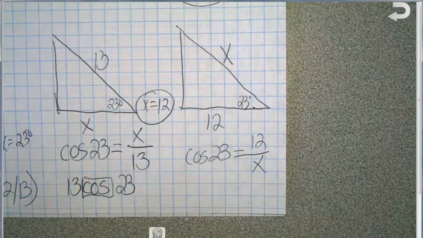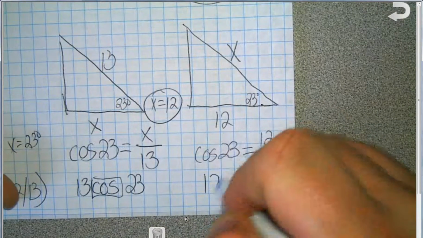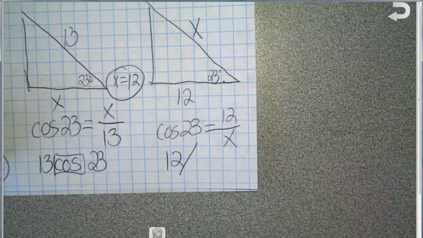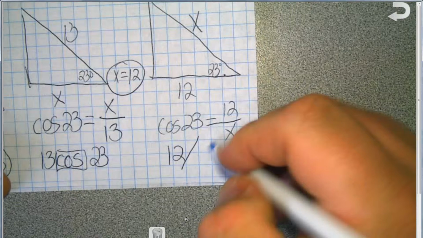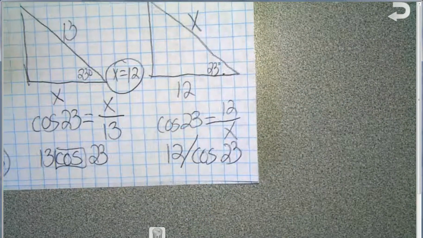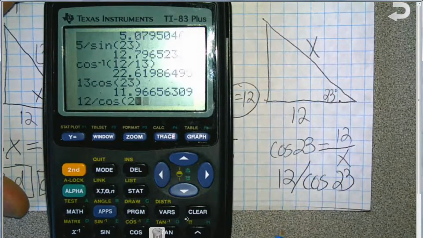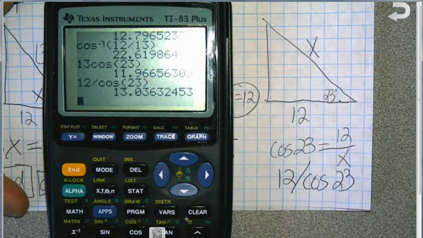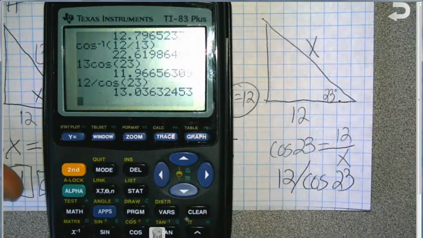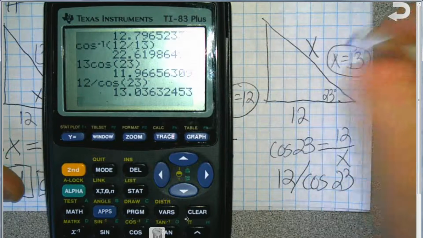Flip what two pieces? The x and the cosine 23, right? Yep. So we're going to end up with 12 divided by what? Cosine of 23. And when we do that in our calculator, well, hot dog, what do we get? 13, and we know that that's what the answer is.